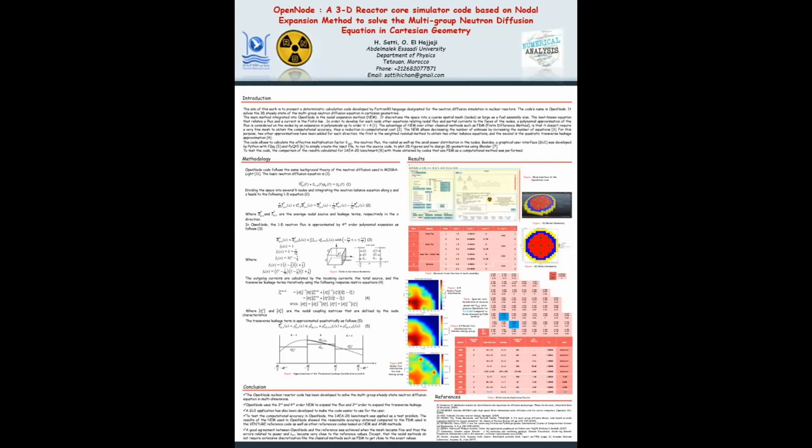The width of each square assembly is 20 centimeters. So these are the 2D and 3D radial visualizations of this benchmark geometry generated by OpenNode respectively.